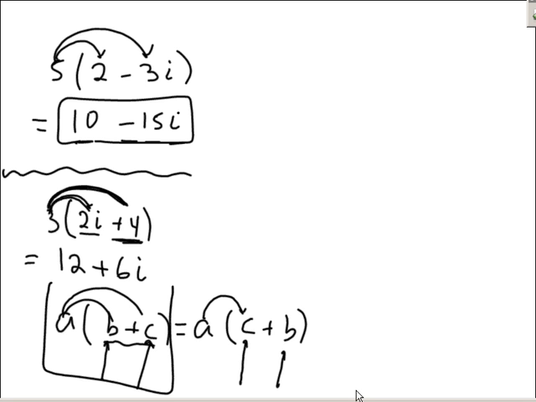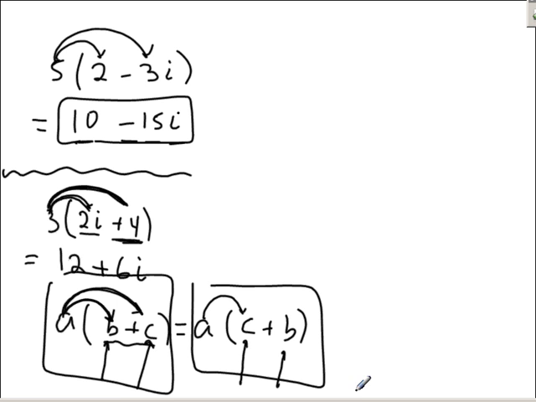If you multiply what's in the brackets left to right, first you multiply by b and then by c. In this case, it's reversed: first you're multiplying by c, and then by b. It's reversed, but they're equal. In the first box, you can do a times c first, and then a times b. I know you can, because that's what it tells me here to do: ac plus ab. Okay, think about that.